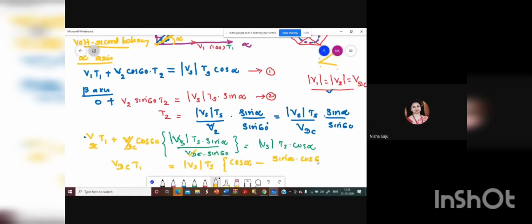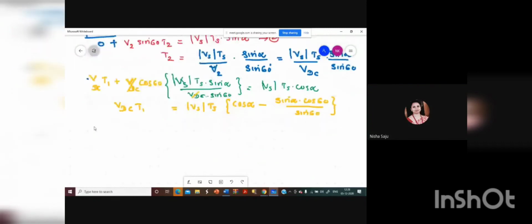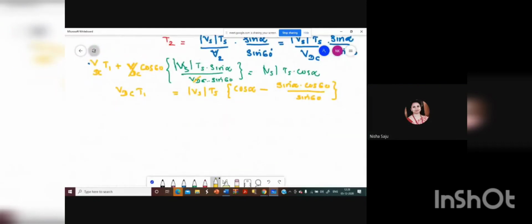Then what is this, cos alpha sine 60 minus sine alpha cos 60? What is sine A minus B? Any idea? Trigonometric expression? I couldn't see all of you, that's why I don't have any idea whether you are understanding or not.